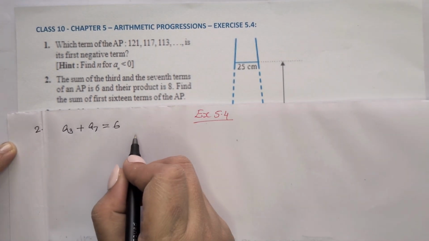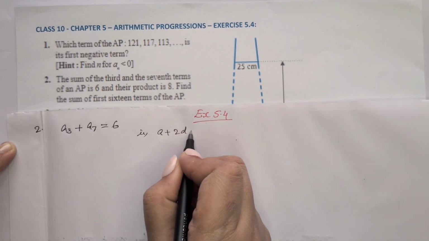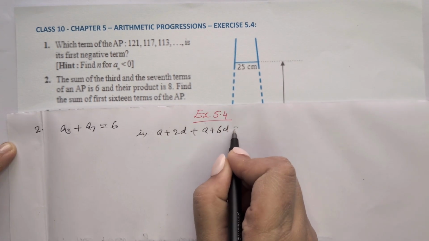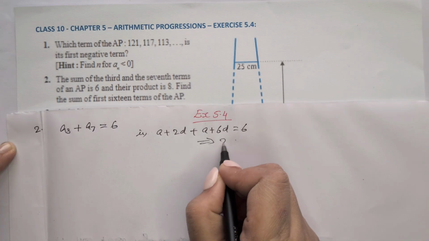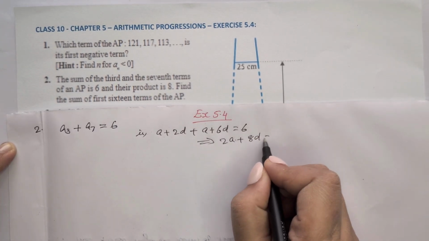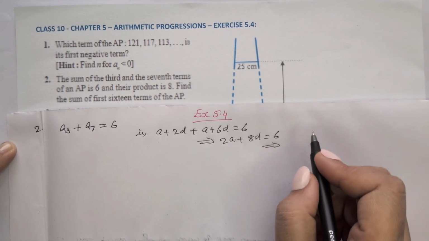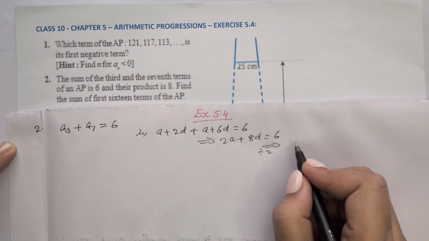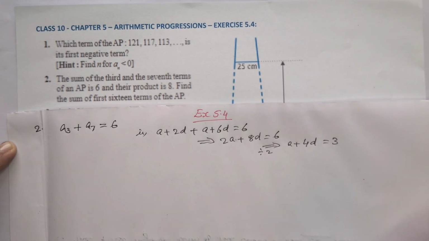From that we can write A3 means a plus 2d, A7 is a plus 6d, that is equal to 6, which means 2a plus 2d plus 6d, 8d, is equal to 6. Again we divide by 2, we will get a plus 4d is equal to 3.